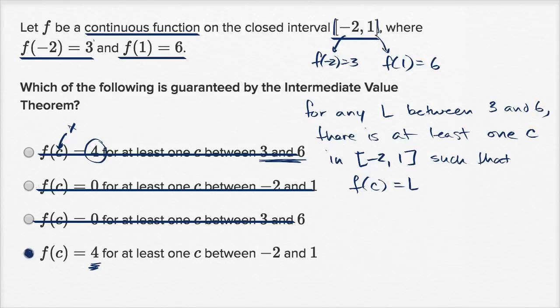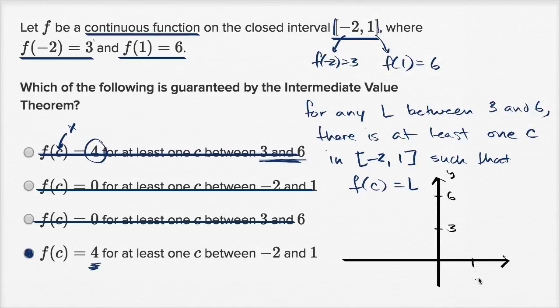And we could think about this visually as well. The intermediate value theorem, when you think about it visually, makes a lot of sense. So let me draw the x-axis first, actually. And then let me draw my y-axis. And I'm going to draw them at different scales. If this is 6, this is 3. That's my y-axis.